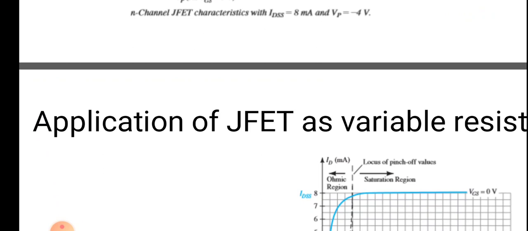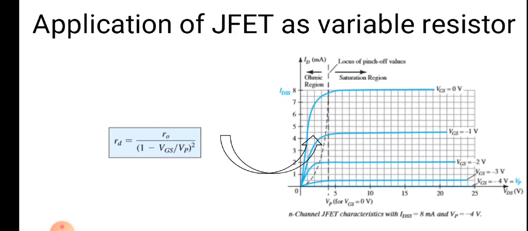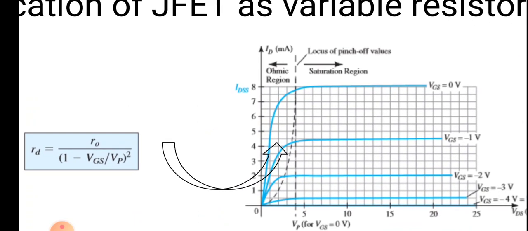One of the applications of the JFET is mentioned here. The entire VI region is divided into a number of regions. In the region before this point, the current ID attains its maximum value, that is IDSS. That region is called the ohmic region.